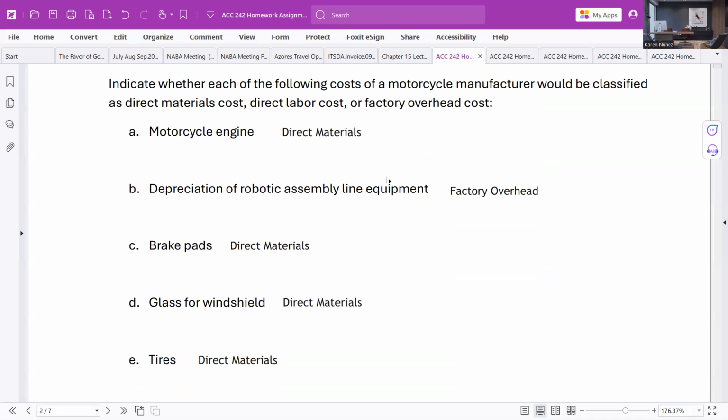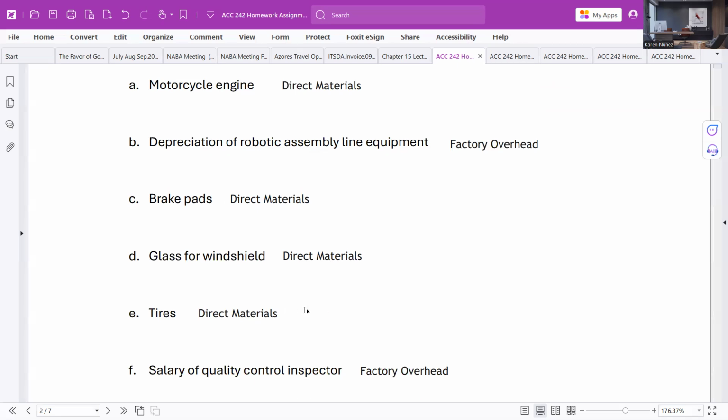Those costs for items that are not direct materials, not direct labor, we can't trace them. They're indirect. We know that they are incurred during the manufacturing process, but they're indirect. The depreciation on equipment, that's overhead. And again, those direct materials that we can trace, we choose to trace: brake pads, glass for the windshield, the tires.